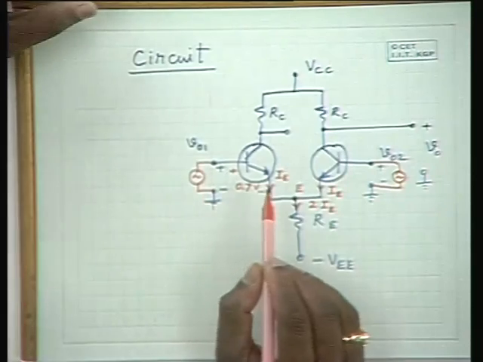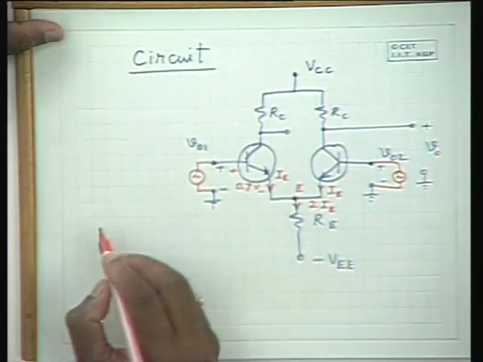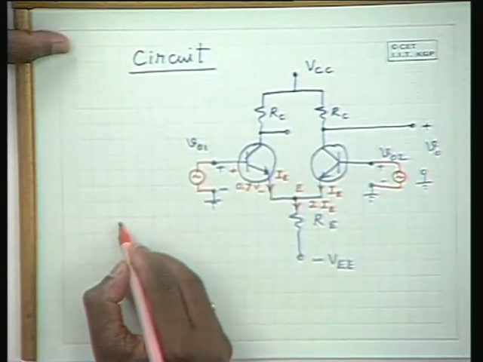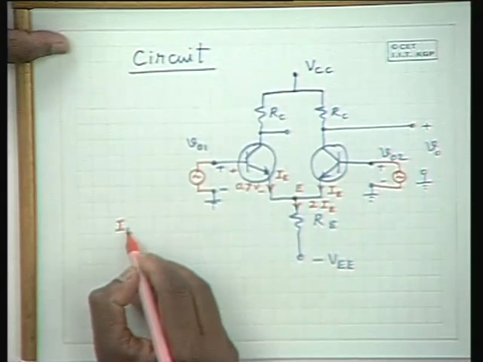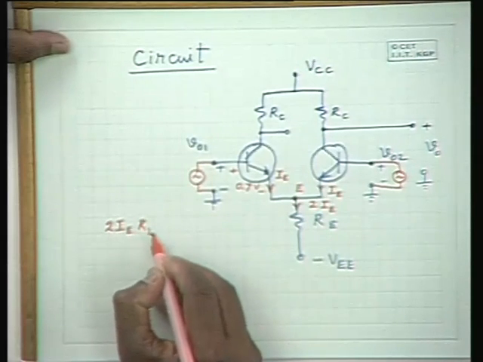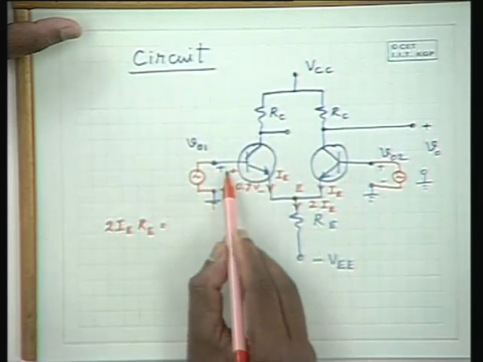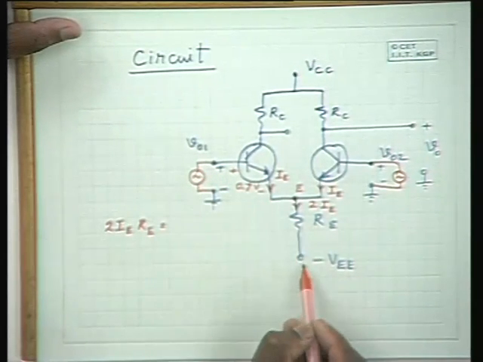Now, with this kind of biasing arrangement, how much of IE flows? 2IE in this example, 2IE into RE is equal to how much? And this is grounded, this is VBE, and between this and the ground, it is minus VEE.